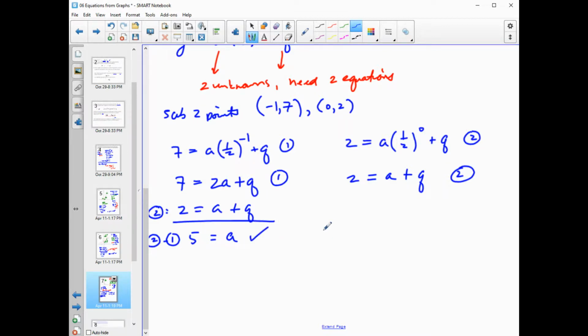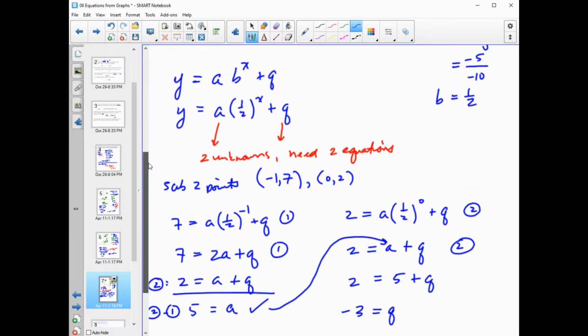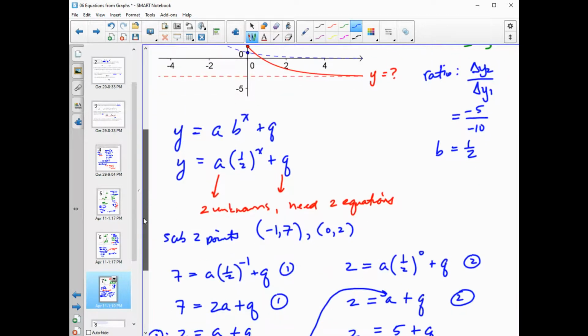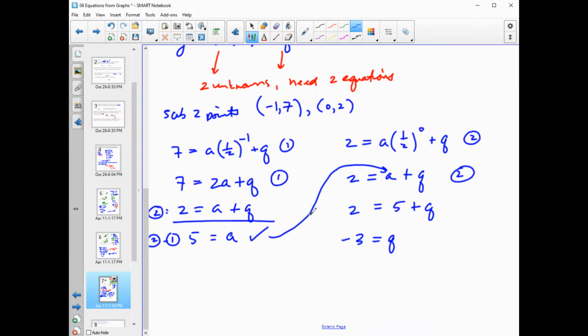Now that I know my a value is 5, how about I just substitute that 5 right here, and I end up with 2 equals 5 plus q, and we end up with a q value of -3. I was going to give that to you, the y value. I was going to say that it's at -3, but you can see that we can obtain that through algebra if we have to. So our final equation here is 5 with a base of 1/2 to the x minus 3.